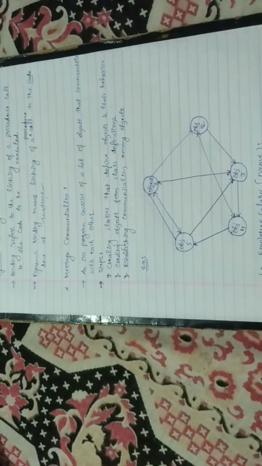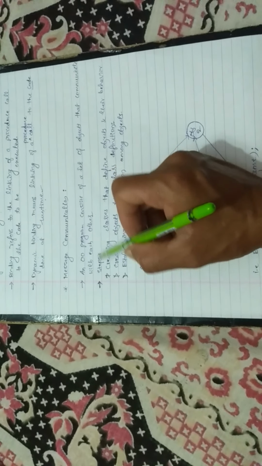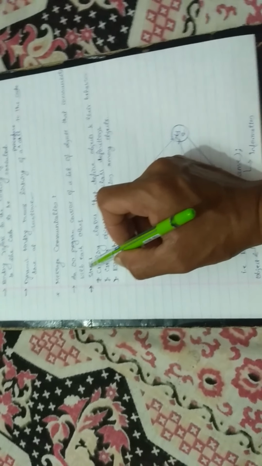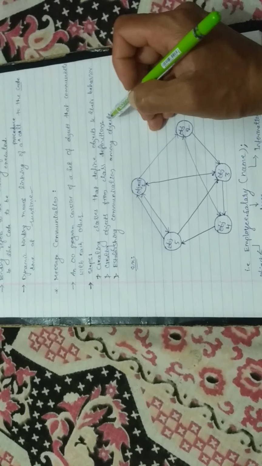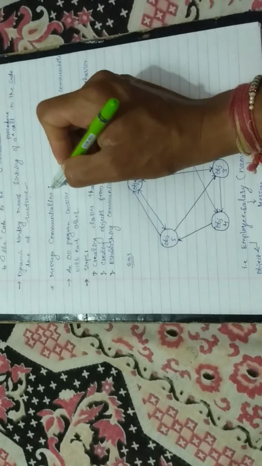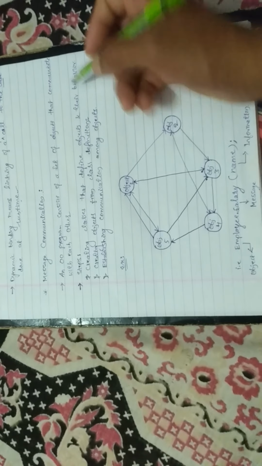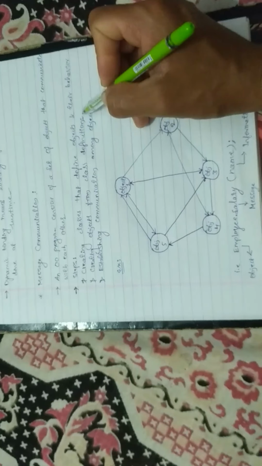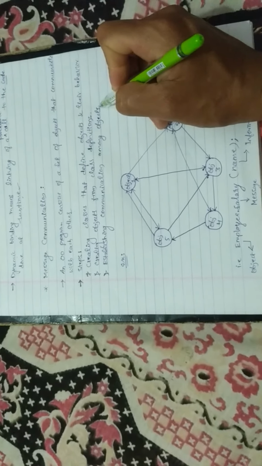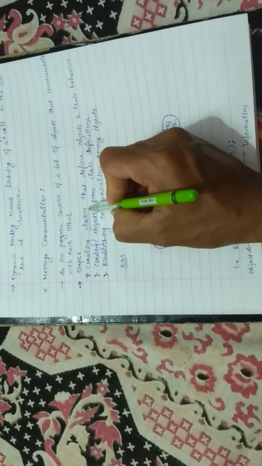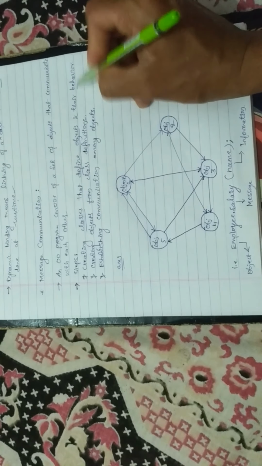The process of programming in object-oriented style takes the following steps for message communication: creating classes that define objects and their behavior, creating objects from class definitions, and establishing communication among objects. First we have to create the class, then define its objects, then their behavior.